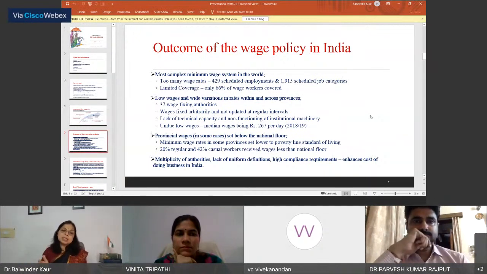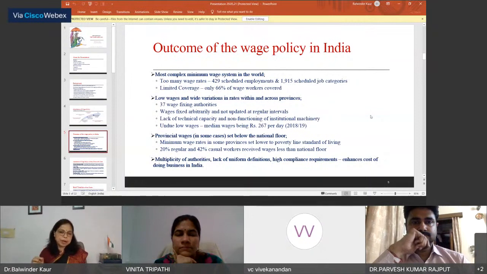Then 20% regular and 42% casual workers received wages less than the national floor. Now, what is the national floor? The floor wage is a wage which would be fixed by the appropriate government. And who would be the appropriate government? It would be the state.